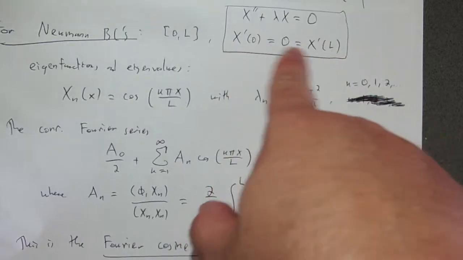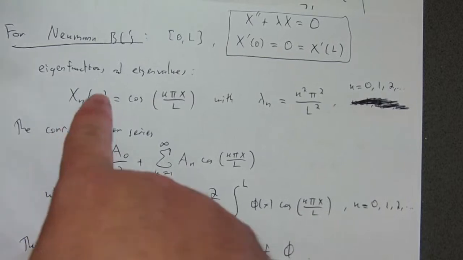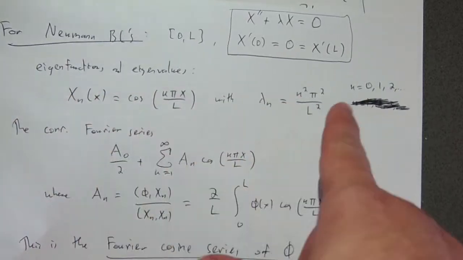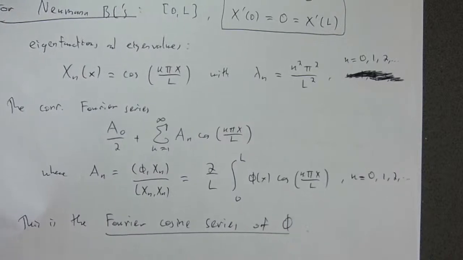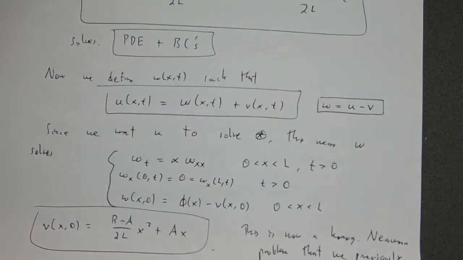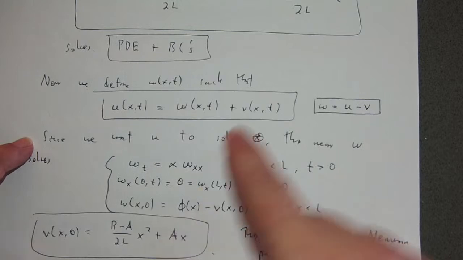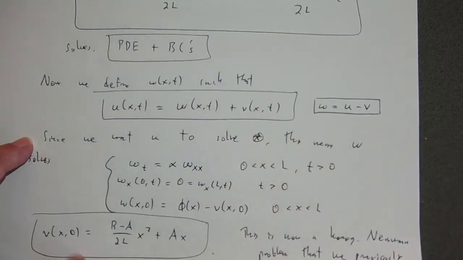The Neumann boundary conditions have descended to the boundary conditions for the eigenvalue problem. And so this leads to eigenfunctions and eigenvalues here, and the Fourier series involves the Fourier cosine series. So we already know how to solve that, and that's exactly what we do. Except now instead of having phi of x as our initial condition, we have this extra minus v of x,0 term. But apart from that, everything else is the same as when we first solved this kind of problem.